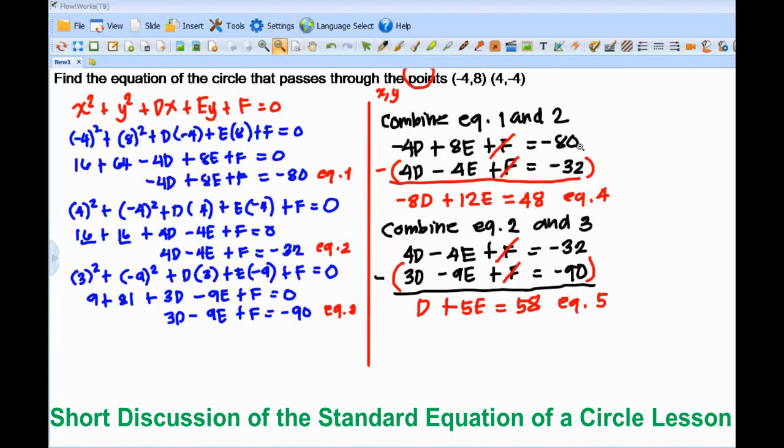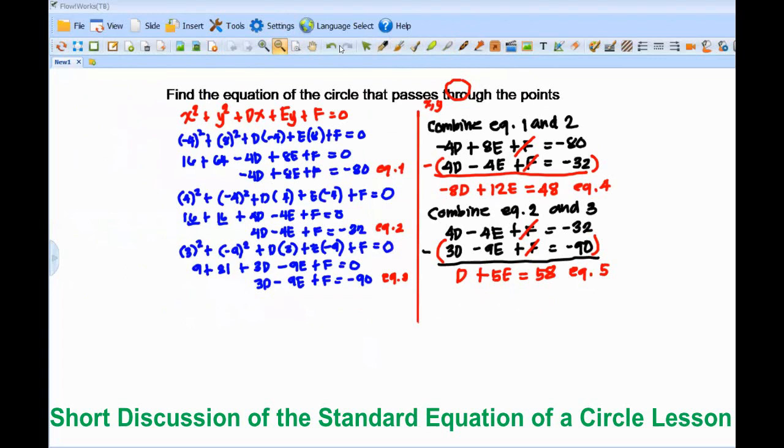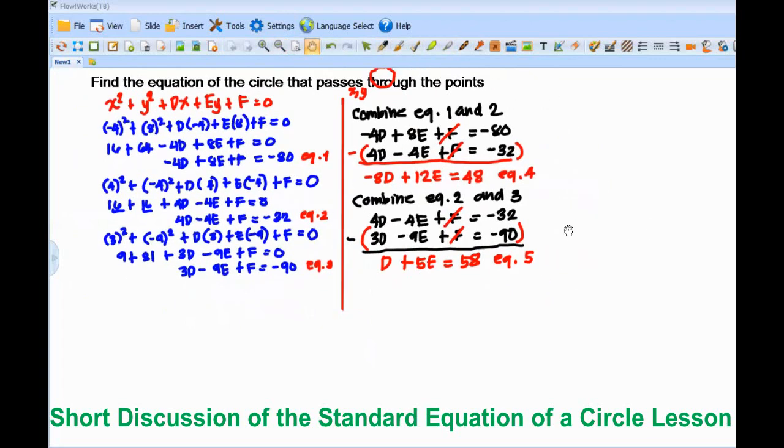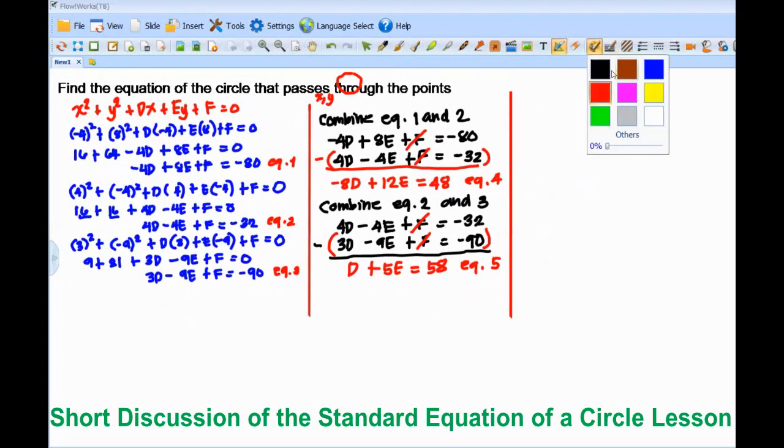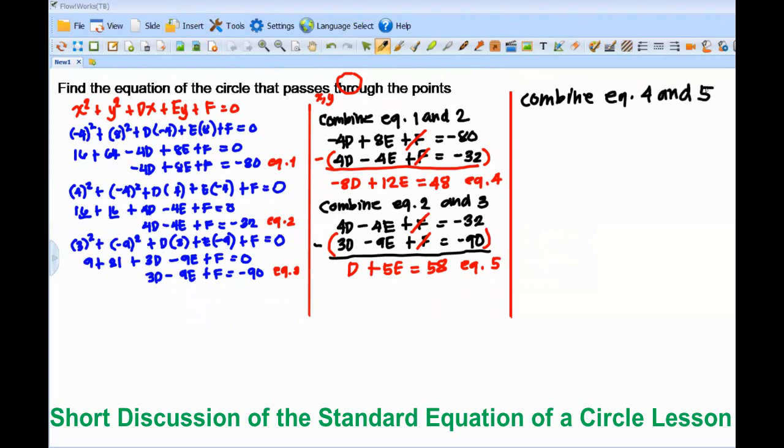Alright, next. We will now combine equations 4 and 5. On this step, you will select what you will cancel.